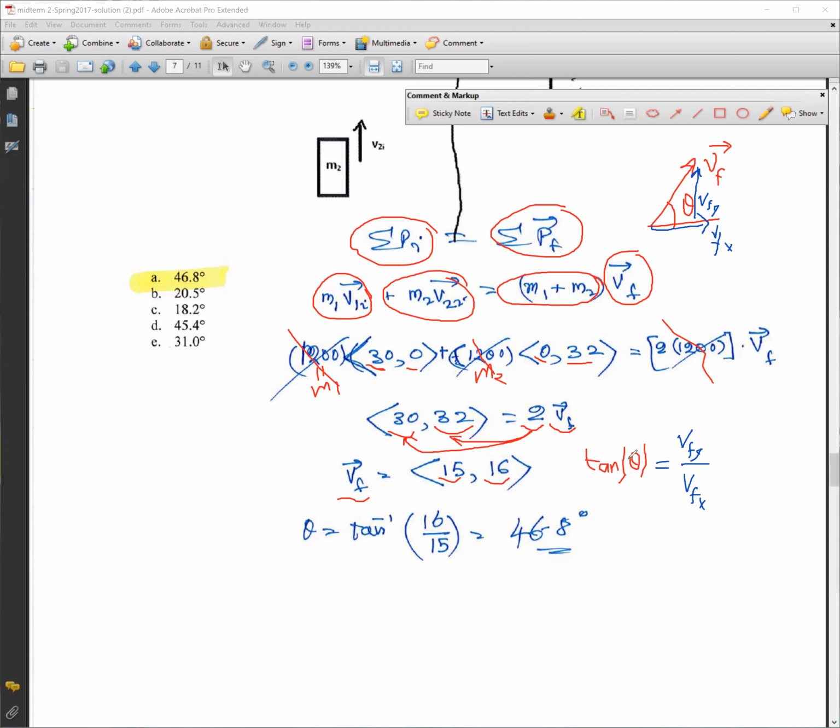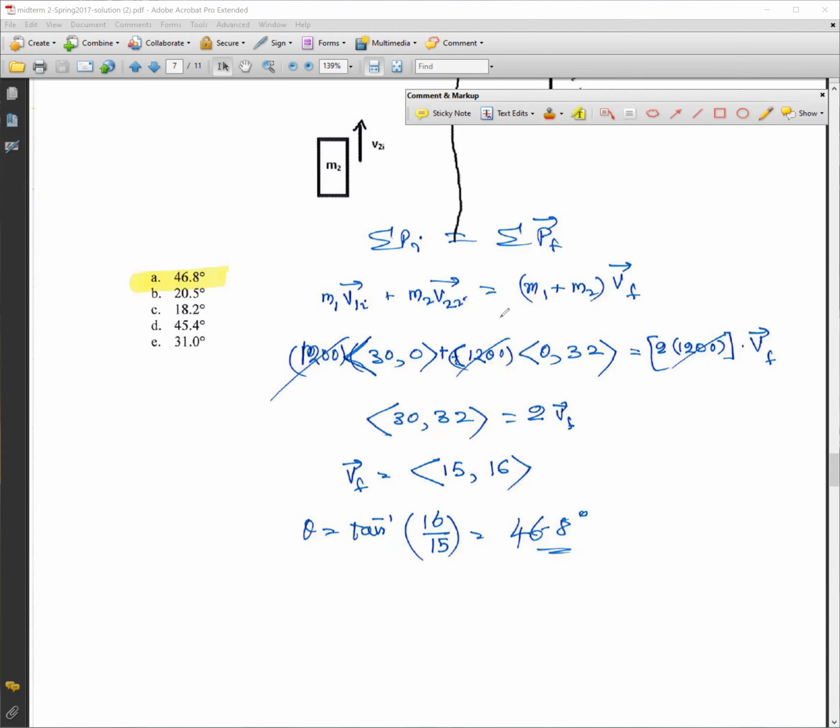That means if I want theta, all you need to do is apply the inverse tan to the y component over the x component, and this will give us 46.8 degrees, which corresponds to option A. So I hope it's all clear. Let's carry on.